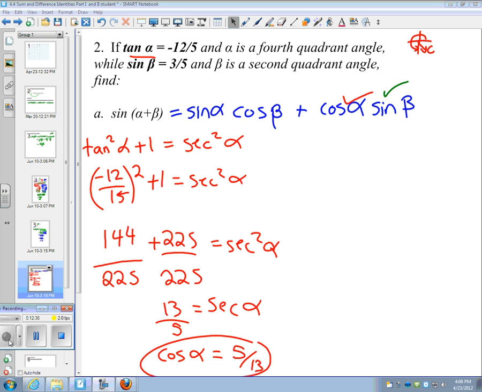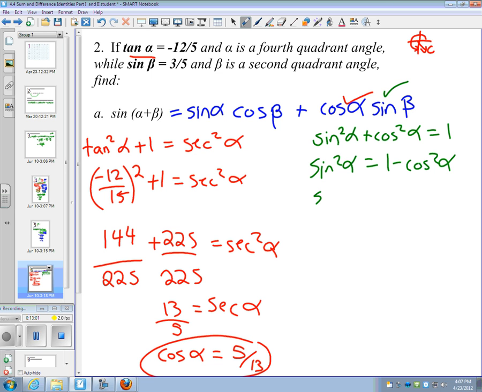Okay, now that I have cos of alpha, I can use that to find sine of alpha using the identity that we're used to, the Pythagorean. Sine squared alpha plus cos squared alpha is equal to 1. So sine squared alpha is equal to 1 minus cos squared alpha. I just found cos alpha. We said that that was 5/13.